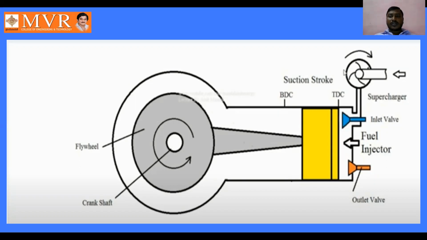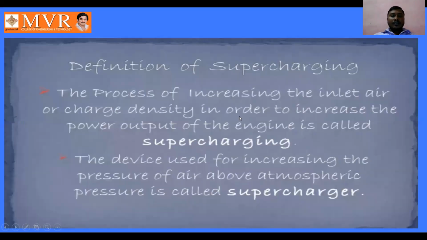This is the supercharger. The definition of supercharging is increasing the inlet air or charge density in order to increase the power output of the engine. The device used for increasing the pressure of air above atmospheric pressure is also called a supercharger.